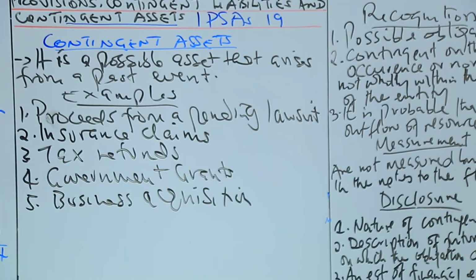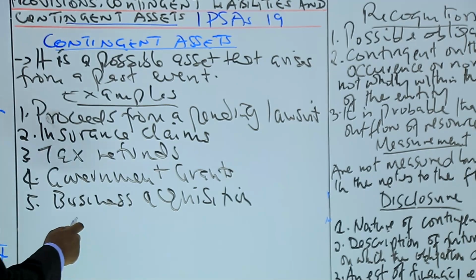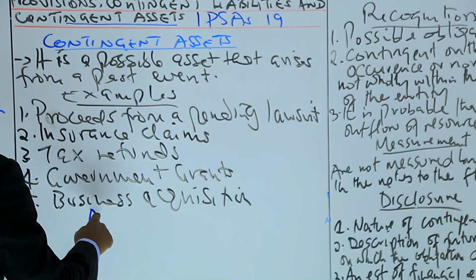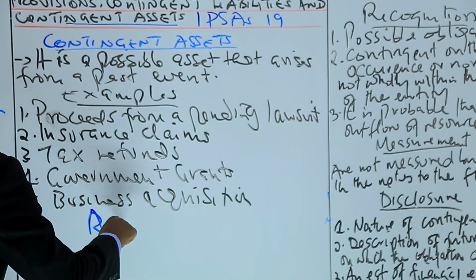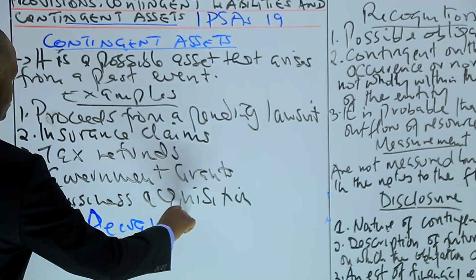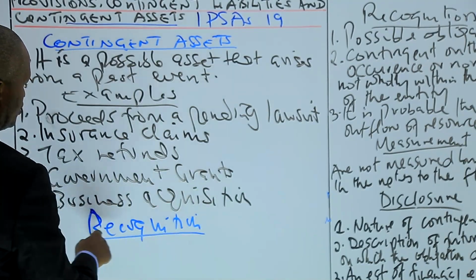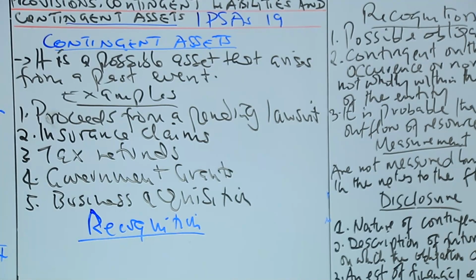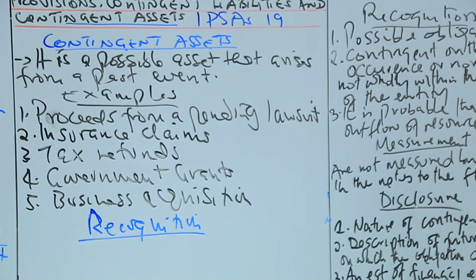So we now move on to study recognition of contingent assets. Now, a contingent asset is recognized when a certain criteria is met.